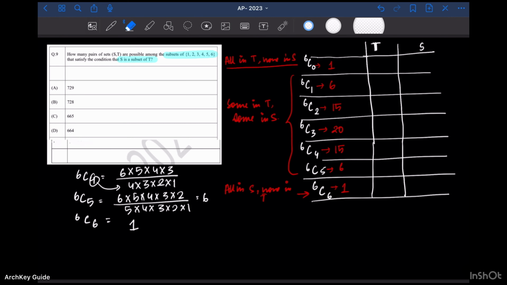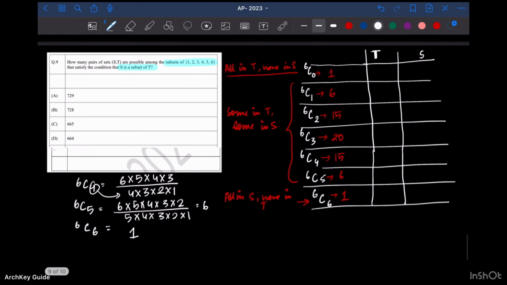So now, in this first case, we said that 6 are in T, and how many are there in S? None. So I'll be writing that 6 are in T, 0 in S. Similarly for 6C1, 1 is there in S and the rest here.